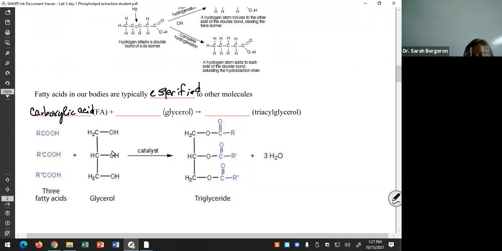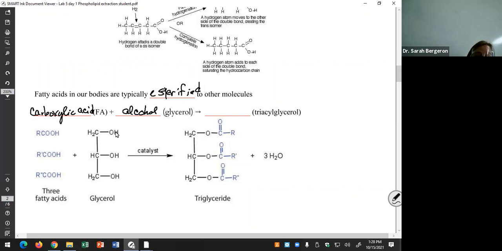And so what we do is we have an alcohol on a glycerol molecule, right? So we have our OH. You see how each glycerol molecule has 3 OHs on it, 3 alcohols. And I'm going to take 3 fatty acids and I'm going to undergo an esterification reaction.